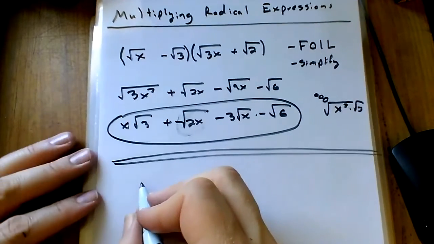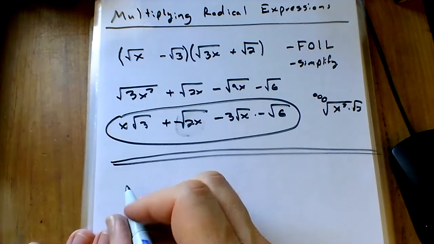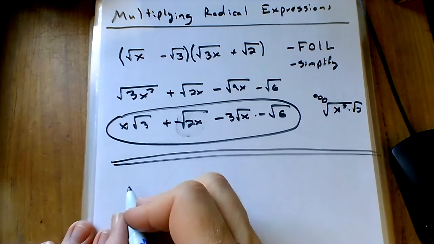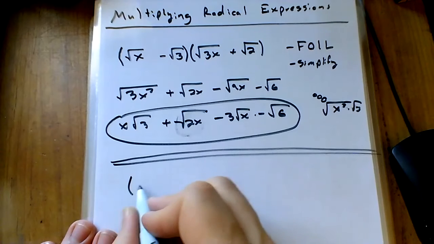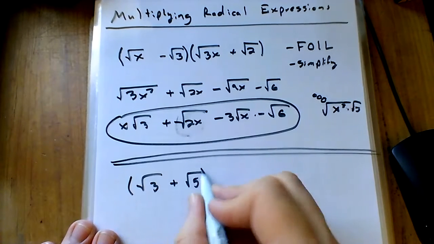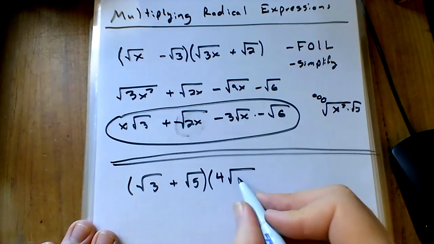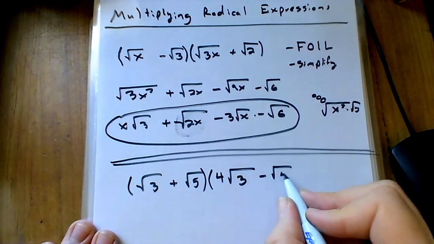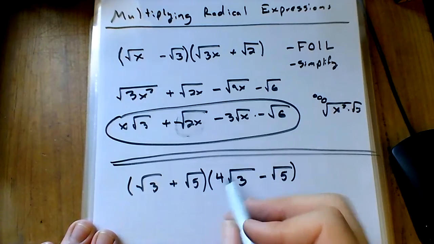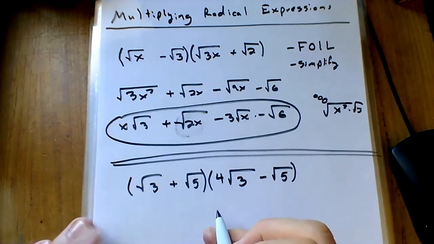A reminder also that if you have something like, say, the square root of 3 plus the square root of 5, and I've got some other coefficient here, this would only multiply other coefficients.